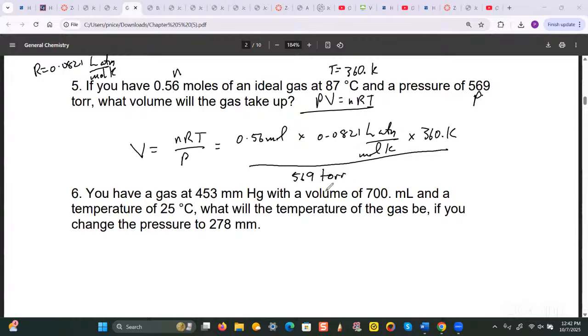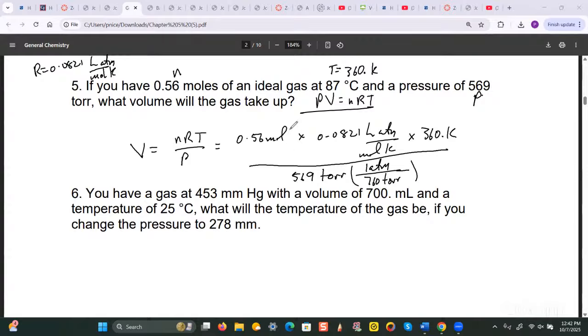But guess what? We have atmosphere units here and torr units here. So what do we need to do? We convert the torr value into atmospheres. What do we multiply by to convert from torr to atmospheres? 1 atmosphere above, 760 torr below, right?